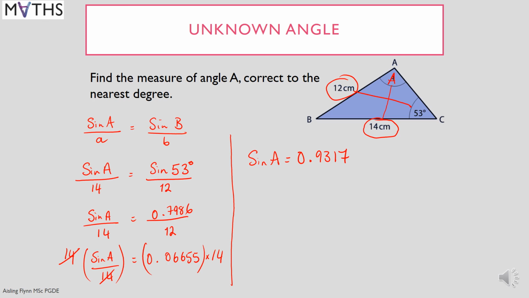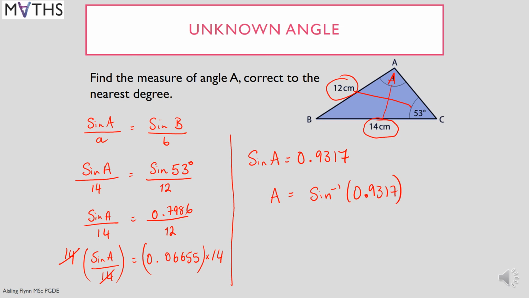What we have here is the result of a sine calculation, and we need to work backwards to find how many degrees are in A. So at this stage, as in the previous lesson, we're going to use the sine inverse. So we're working in reverse. Sine inverse function. So our angle A will be sine inverse of 0.9317.